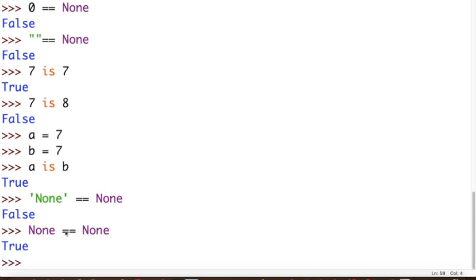So I hope the examples here have given you a glimpse of what is happening behind the scenes when we are comparing immutable data objects, and when we are comparing immutable data objects with mutable data objects. And we are comparing different values like None, and we are getting used to different types of operators like double equal to or single equal to or the is operator.